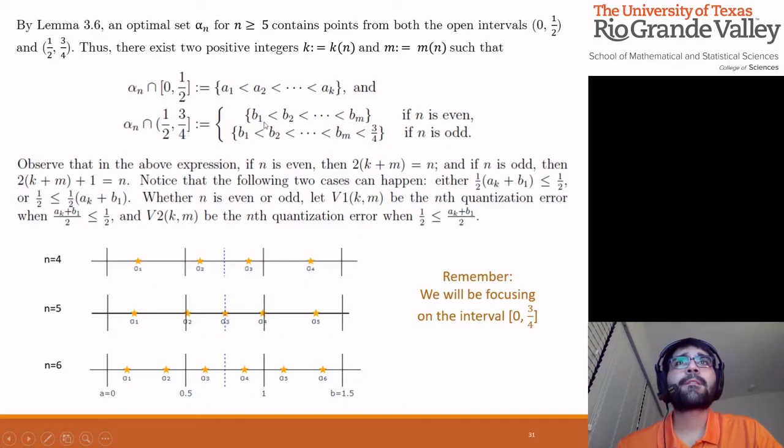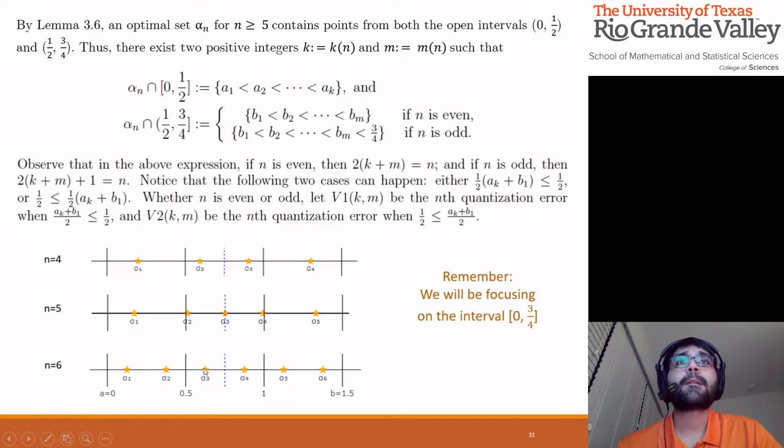is defined as the quantizers in that interval, and if n is even, we're going to have b1 less than b2 less than bm. But if n is odd, remember that we're going to have a quantizer at 3/4. So basically, this is just telling you, consider now the quantizers in the interval 1/2 to 3/4. Take a look here at n equals 6. From 0.5 to 3/4, we only have one quantizer.